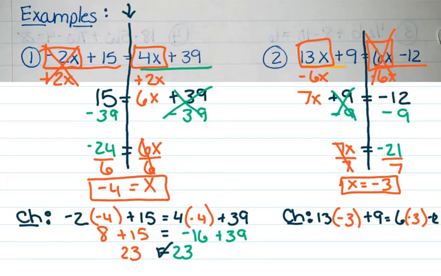Again, it's totally okay to type this in your calculator to check your math, especially in a check. So this gives us negative 39 plus 9.